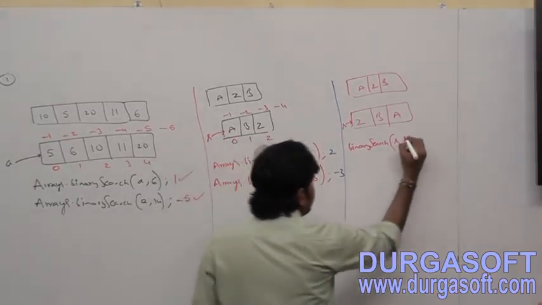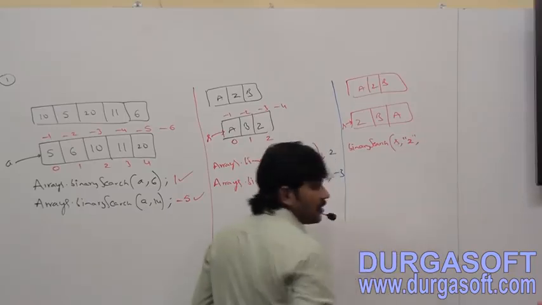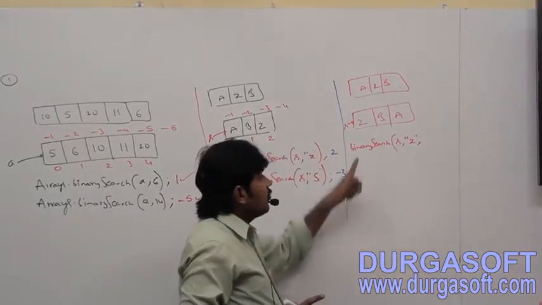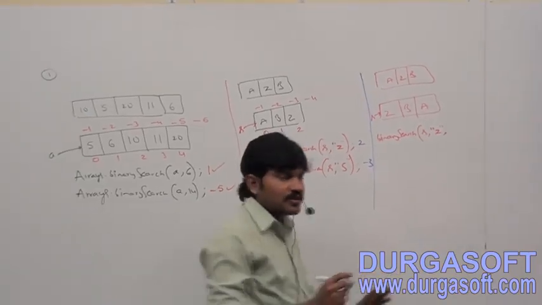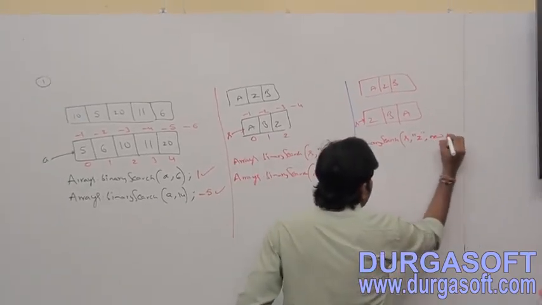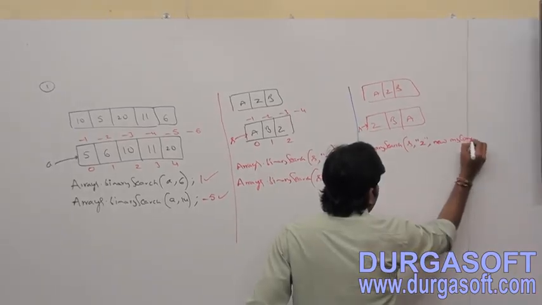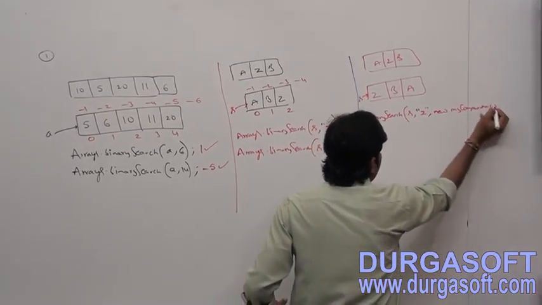First one is Z. S comma Z. If the array is sorted according to a comparator, at the time of search also we should pass the same new MyComparator.